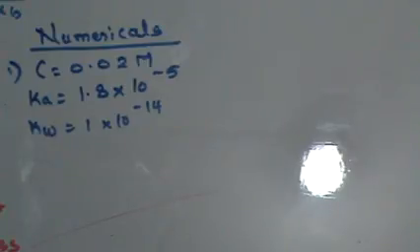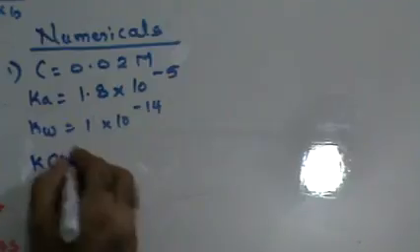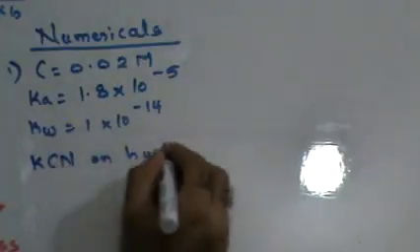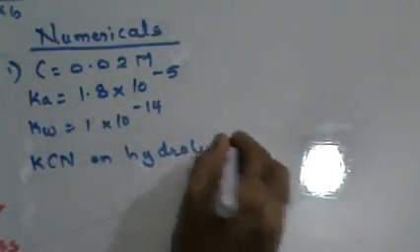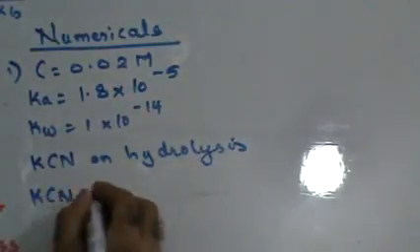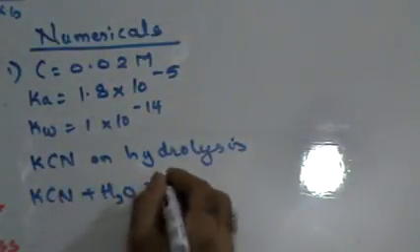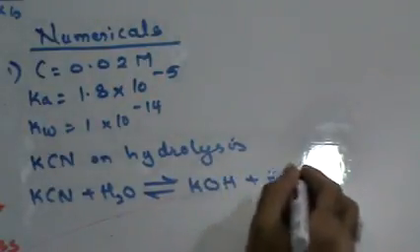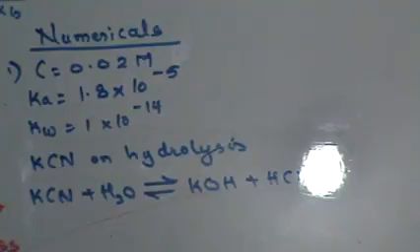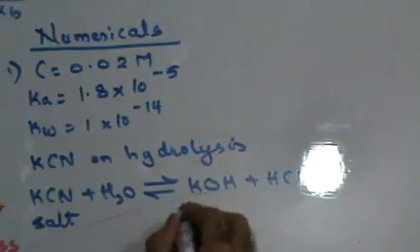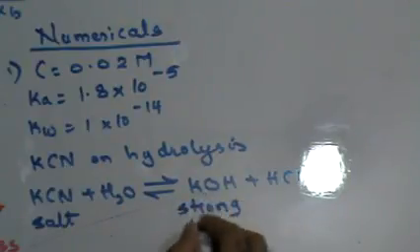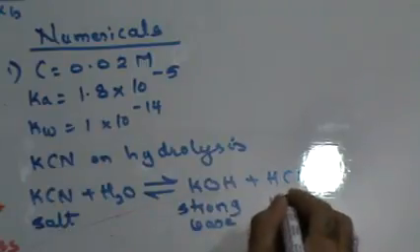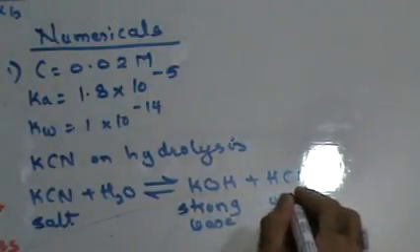Now, potassium cyanide, KCN, on hydrolysis will give you KOH plus HCN. This is your salt, potassium cyanide. KOH is going to be your strong base, and it gives you a weak acid, hydrogen cyanide.